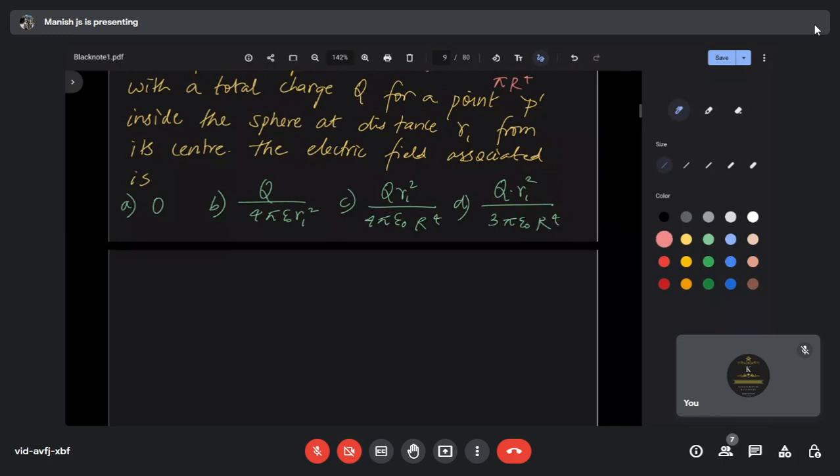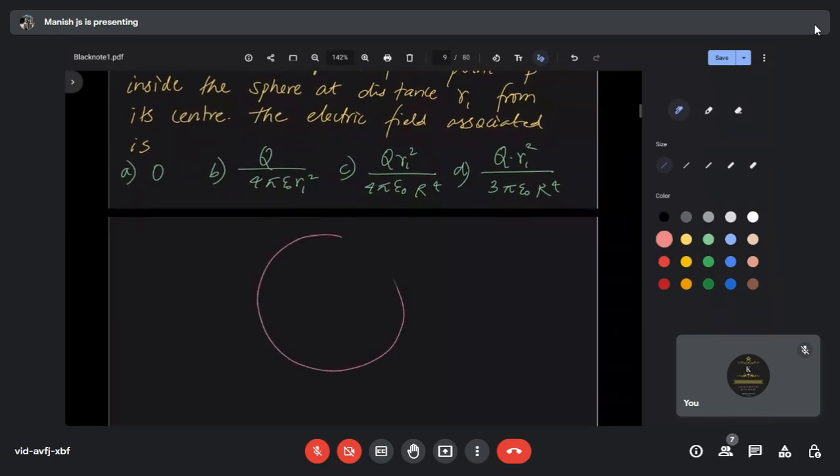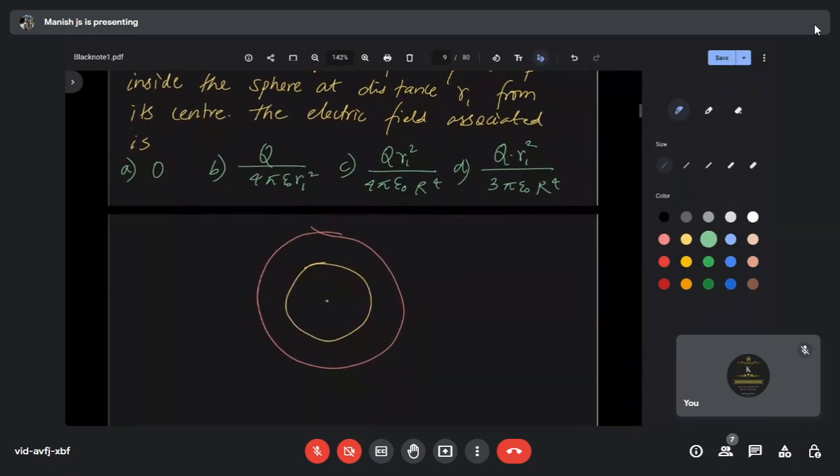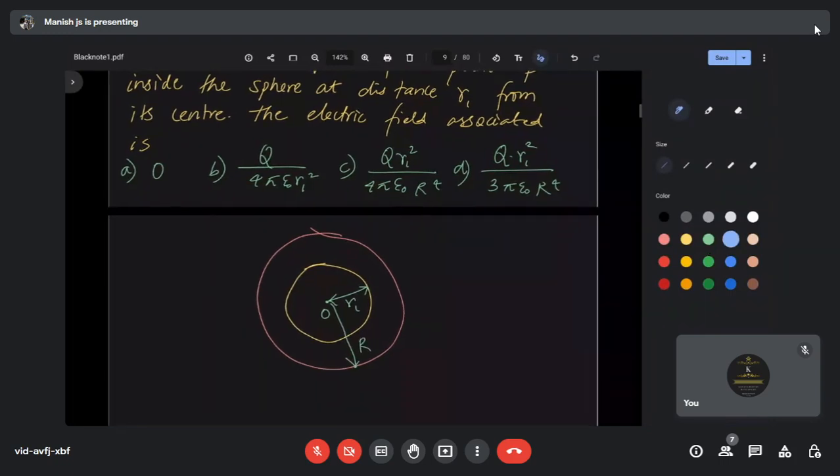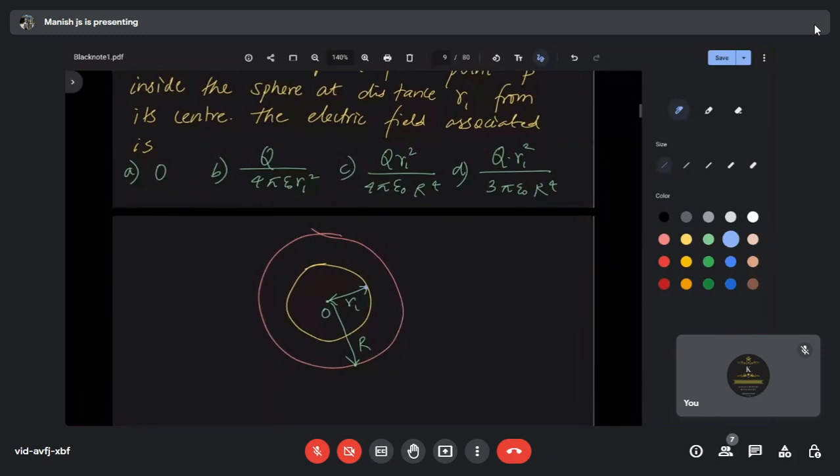So this is your sphere, and inside it you have another concentric region. The center is O, the distance is small r1, and the outer distance is capital R, at the point P.